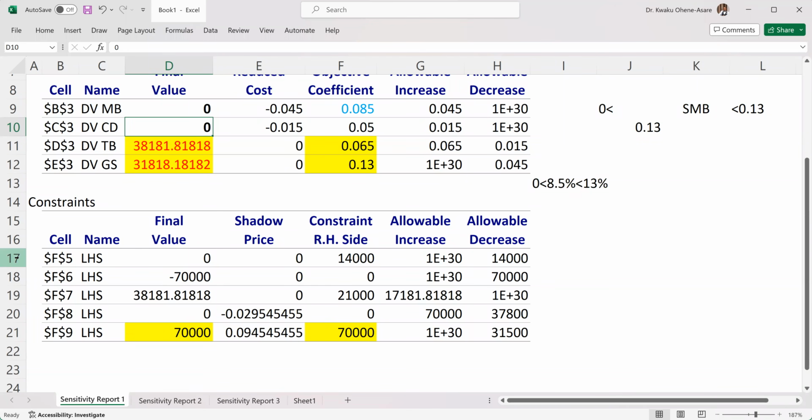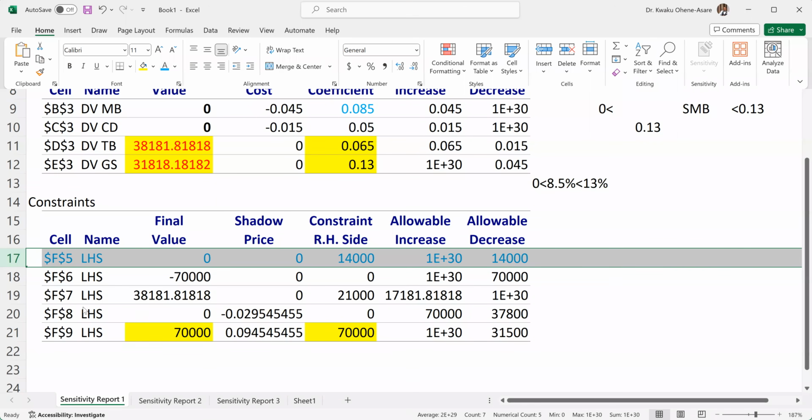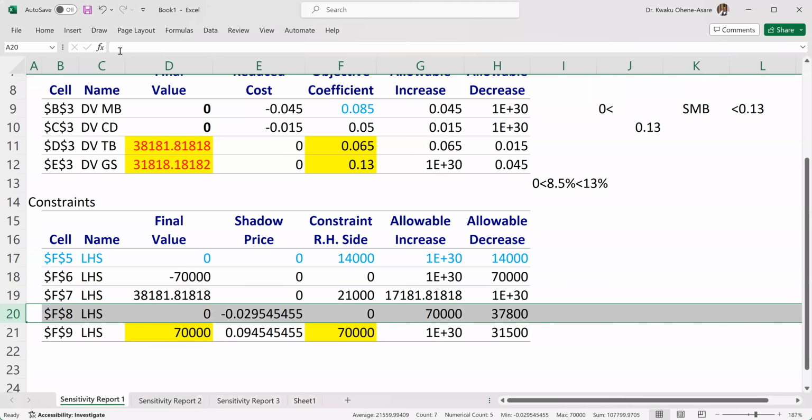Okay. So I'm highlighting those that I'm talking about. Diversification mix 1 from 14,000 to 15,000, and diversification mix 4.